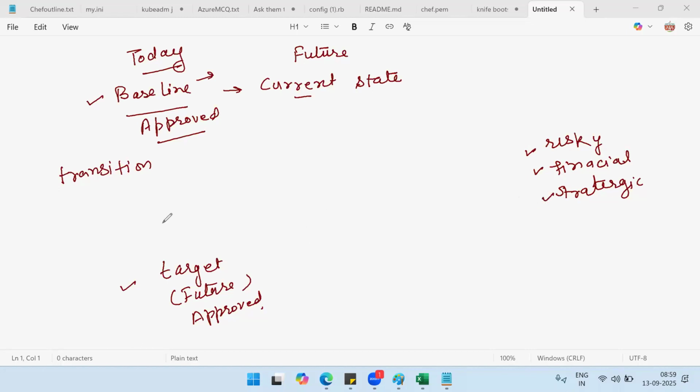You need to plan accordingly. So it is a better choice that your transition architecture should be incremental.